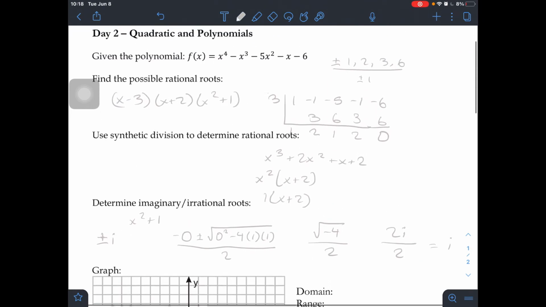And since you can see we have x to the 4th, that means this is going to be a polynomial with an end behavior where as x approaches both positive and negative infinity, y or f of x would approach positive infinity.